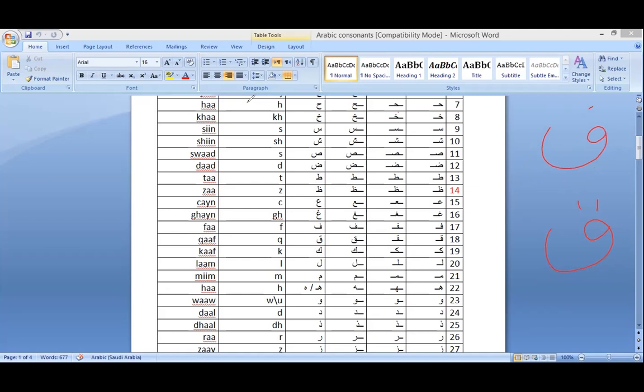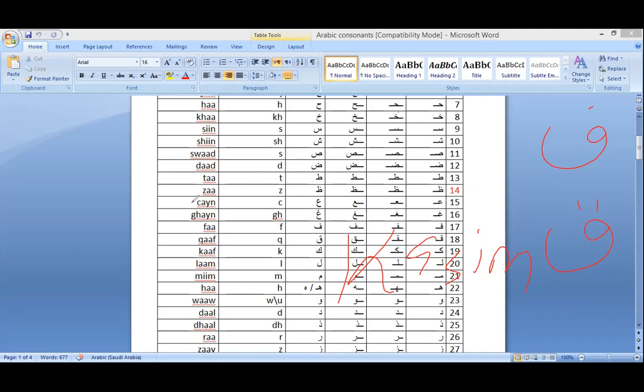There are people who sometimes push Qa to somewhere else by saying Ka, right? For example, how do you read this name? Qasim.